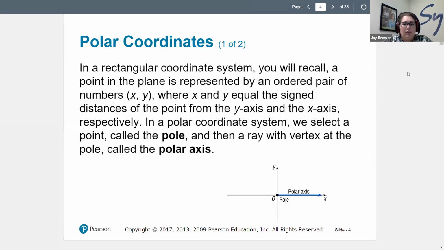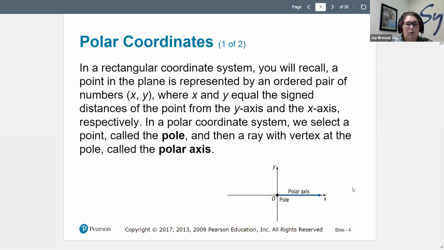For polar coordinates, the origin is in the center still, but then we have what are called poles and polar axes. You can see a little bit of the diagram there. That's just kind of reinstating a little bit of how similar it is to the rectangular coordinate system, but it does actually work a little bit differently.